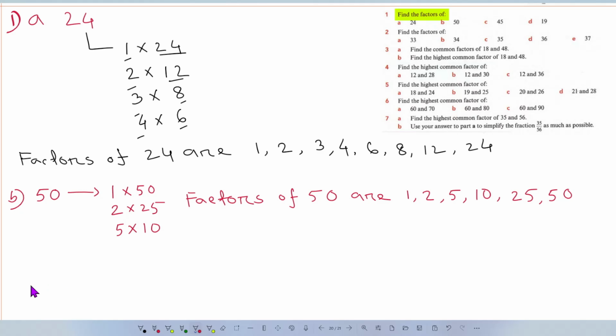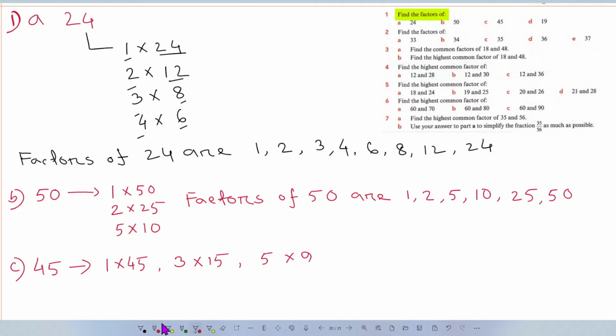Next, number C. We will find out factors of 45. 45 we can write 1 times 45, then 2 not possible, 3 times 15, then 5 times 9.